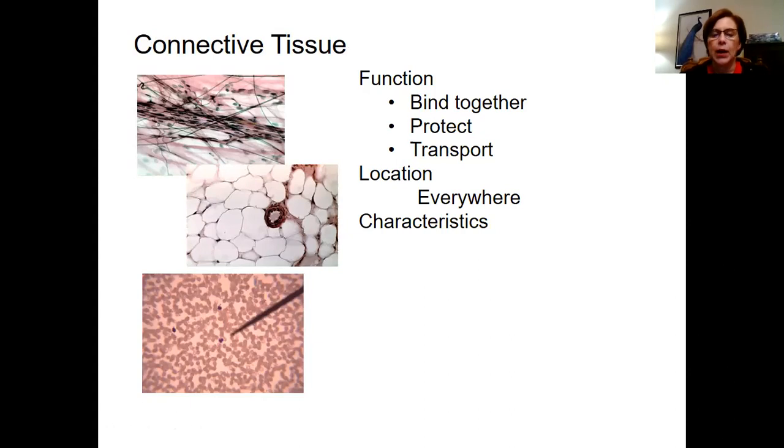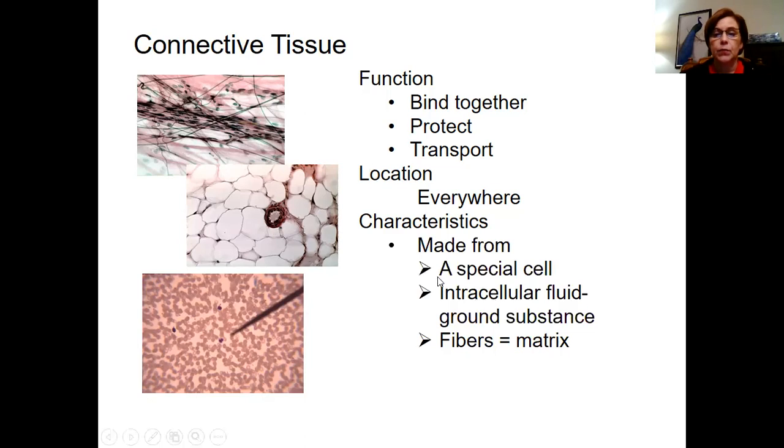There aren't a lot of commonalities between connective tissue groups, but what is the same? Every connective tissue has three parts. It has, number one, a special cell. And I'm just going to let you guys write this down and then we'll talk about them. Number one, a special cell.